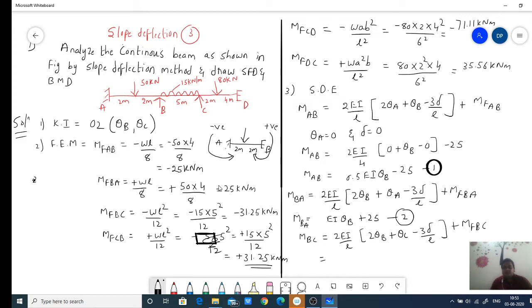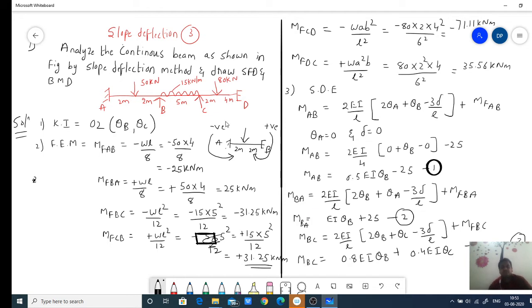After calculation, this turns out to be 0.8 EI theta B plus 0.4 EI theta C minus 31.25. So this is equation number 3. Up to this we have formulated 3 equations, and this is nothing but your MBC.